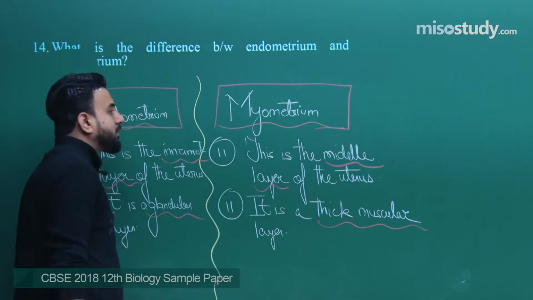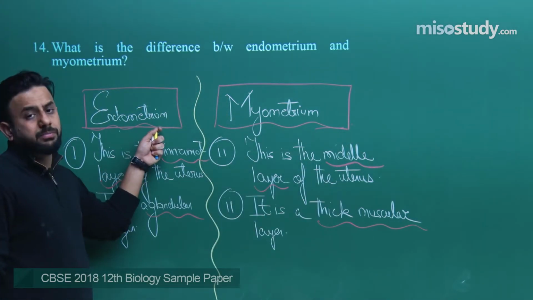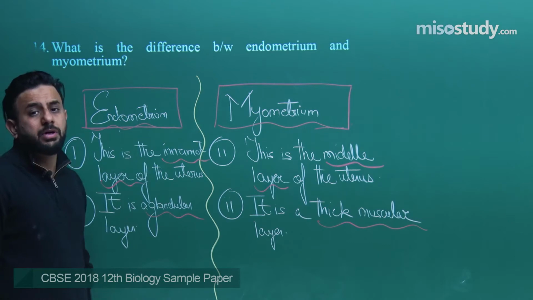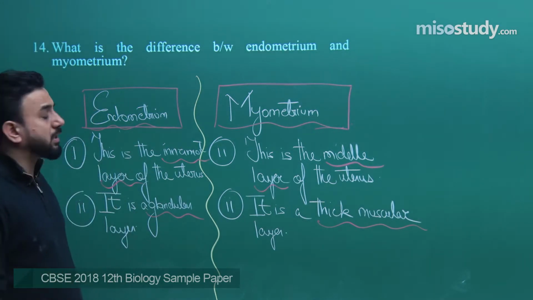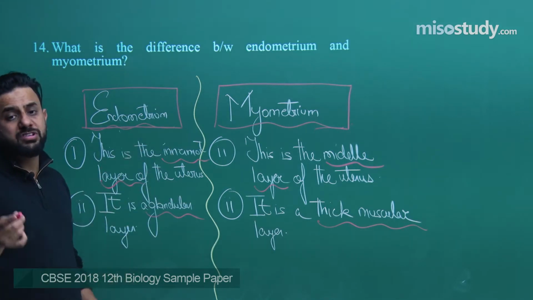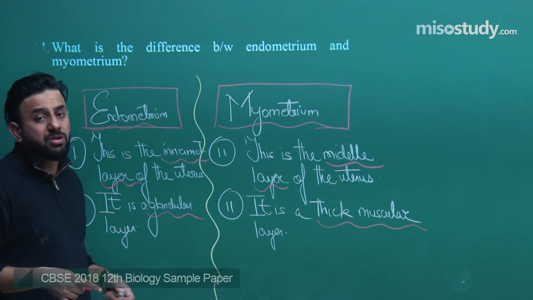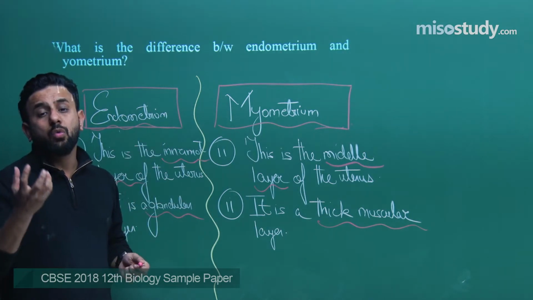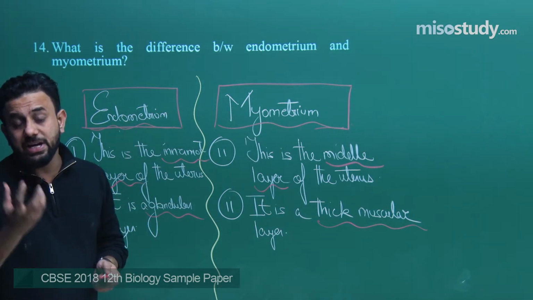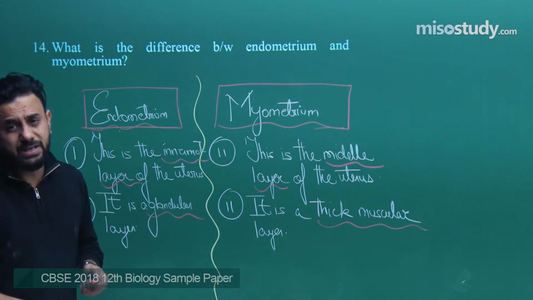What else? The endometrium sheds off during the menstrual cycle in females, and also it is the layer where the blastocyst stage of the zygote gets implanted.